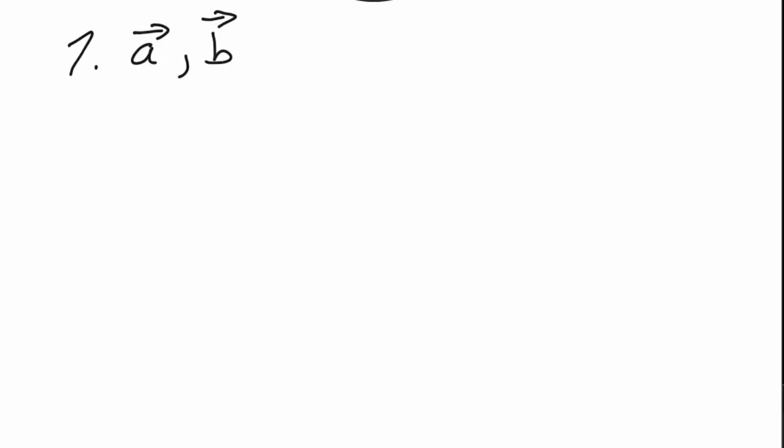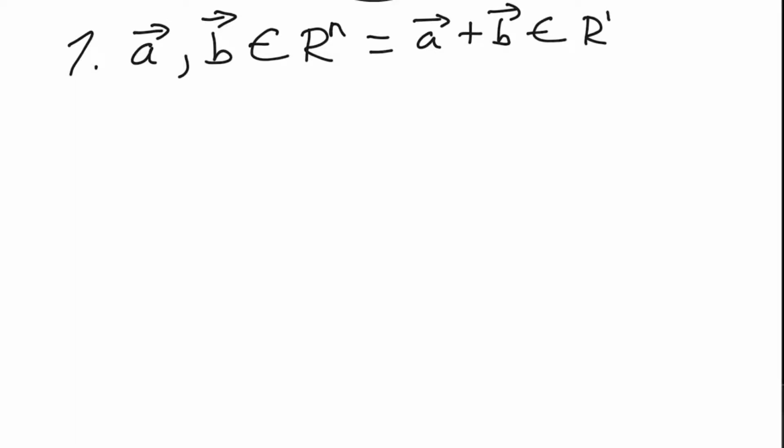The first one is that if we take vector A and vector B, which belong to Rn, it implies that if we add vector A and vector B, their sum is a vector that belongs to Rn. So it means that if we add two vectors, A and B in this case, it stays in the same set or the same world.